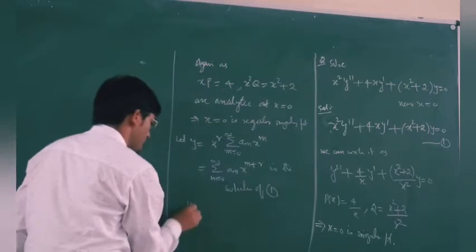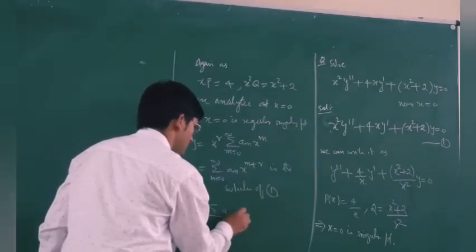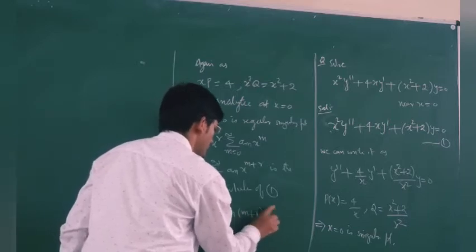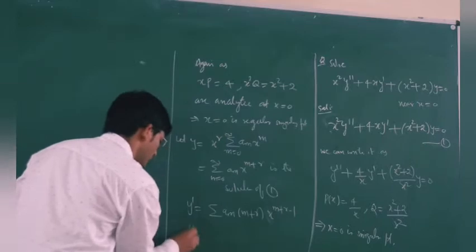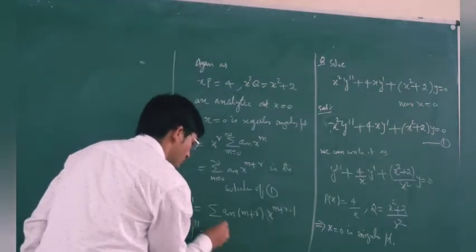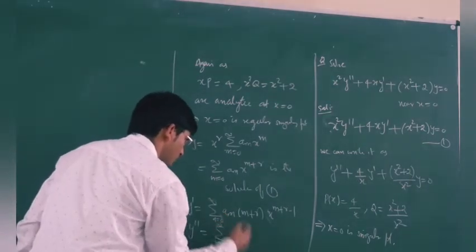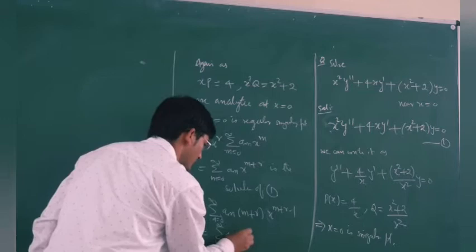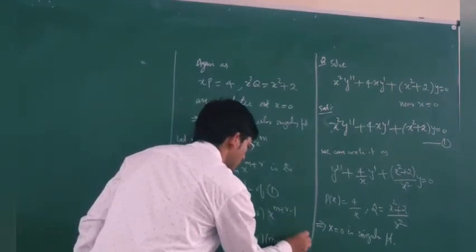If this is your solution, then the differentiation will be a_m into (m plus r) into x power (m plus r minus 1). I am not writing the summation because the summation starts from 0 always. So for the second derivative we have (m plus r) into (m plus r minus 1) into x power (m plus r minus 2).